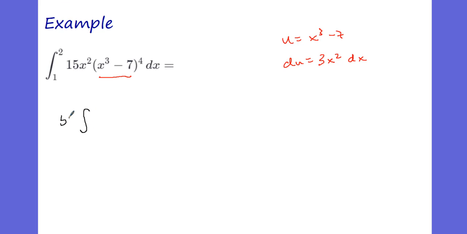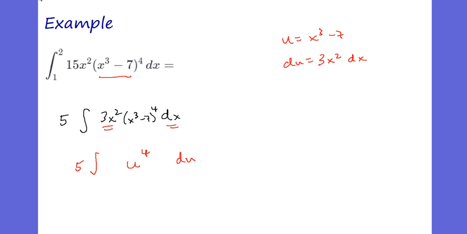If you put a 5 out here, you would get 5 times 3x squared dx times x cubed minus 7 to the 4th power. So I have 3x squared dx, don't I? That is equal to du. I have this value, x cubed minus 7, which is u to the 4th power, if there's a 5 out front.